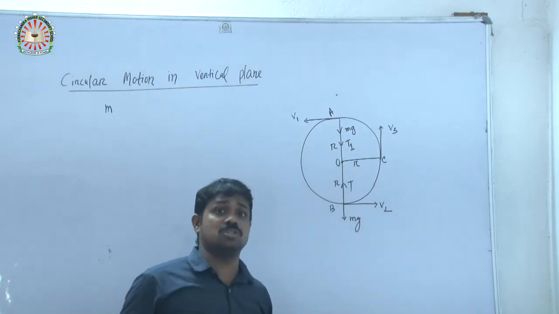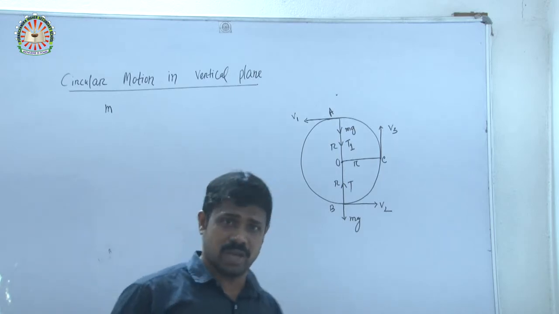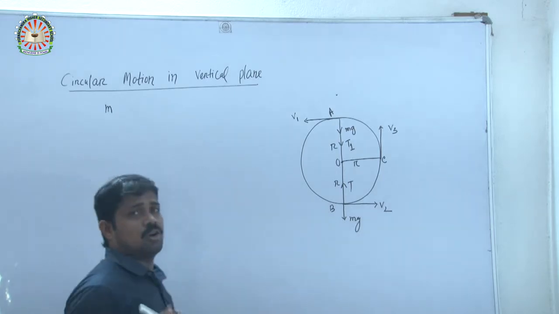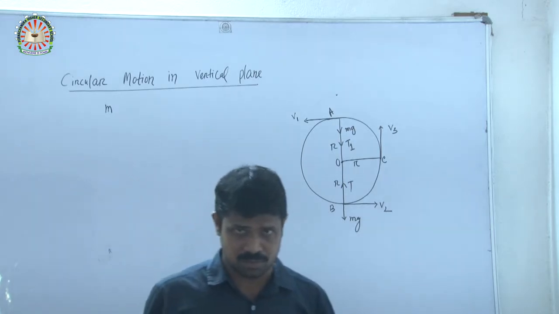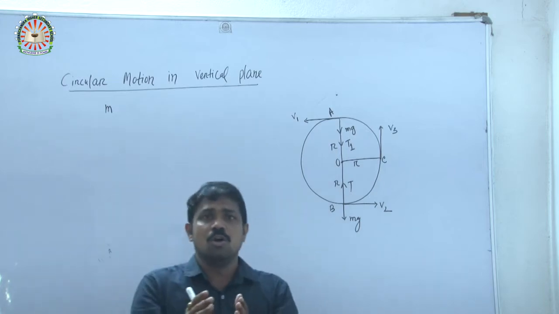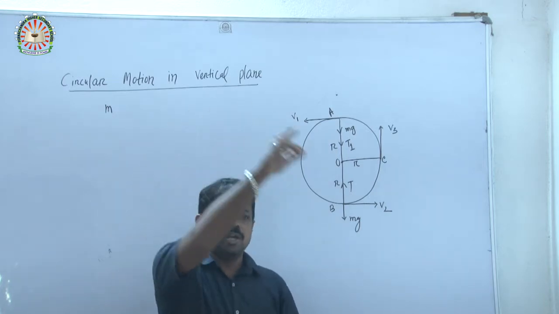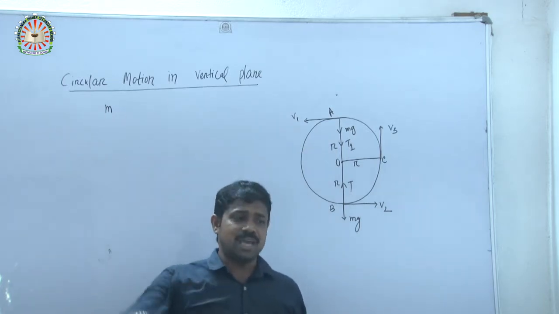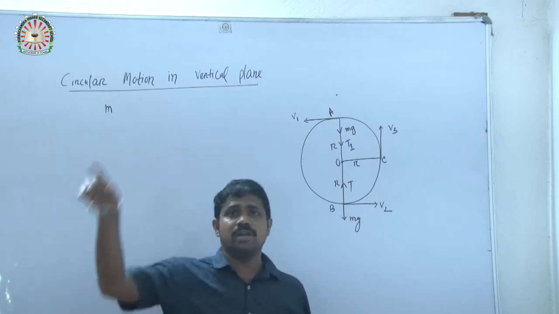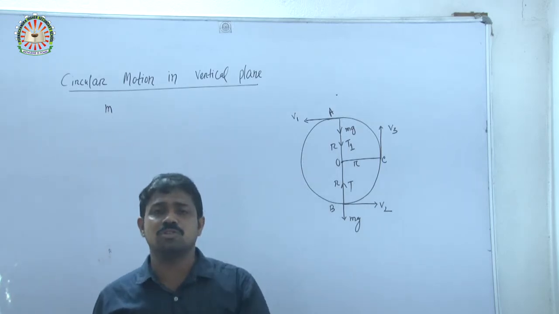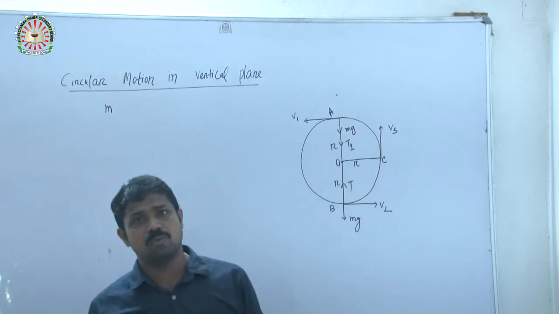Then what is that force called? That force which holds the object during a circular motion, or which helps the object to rotate in a circular path, is called the centripetal force.